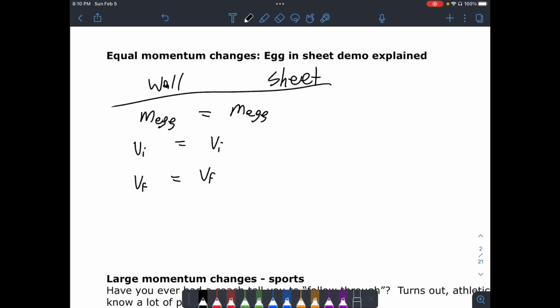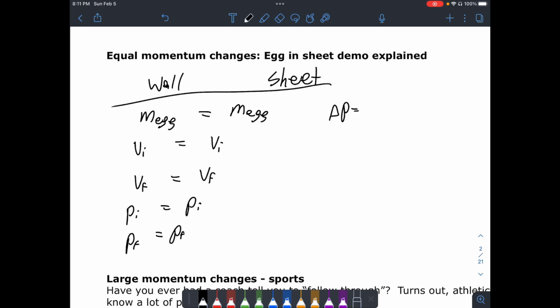And from this, we can see that if our masses are equal and our velocities are equal, we can say that our momentums are equal. Our initial momentum and our final momentum is equal.